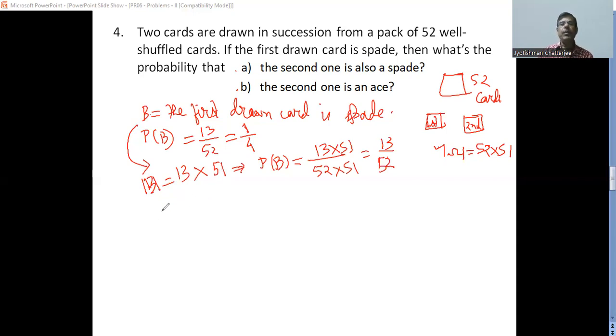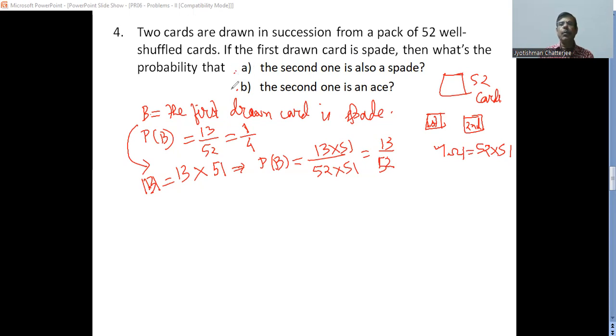So the probability of B we have already found out. And while computing conditional probability, this will come as the denominator, so the denominator part is taken care of. Now let's talk about these two events.